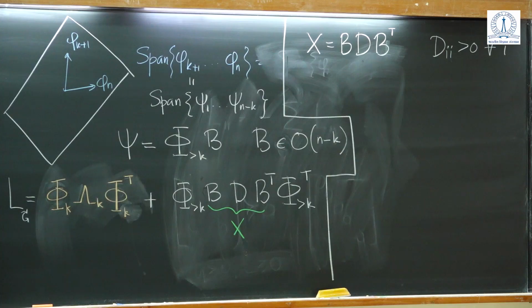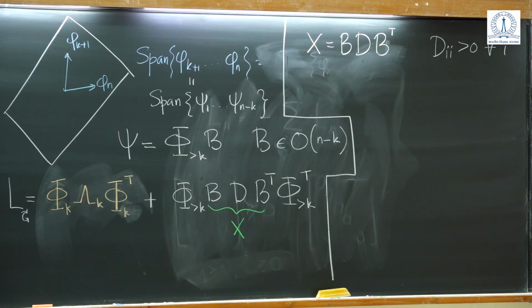What kind of matrix is that? Diagonalizable, yes, sure. But what kind of matrix? Positive semi-definite, but more. It's positive definite because its eigenvalues are exactly the diagonal entries of D, and they're all positive by construction.